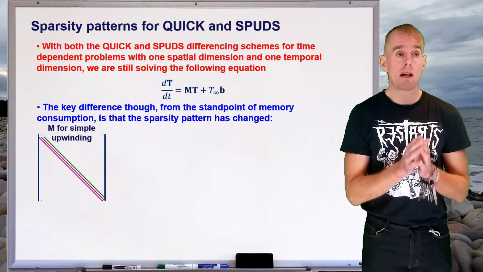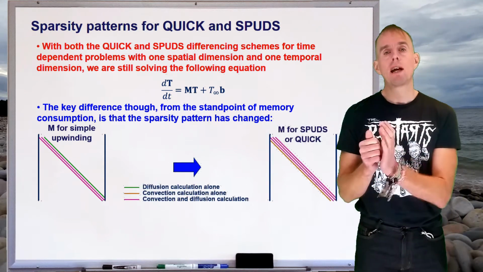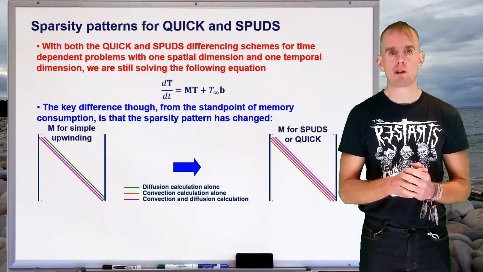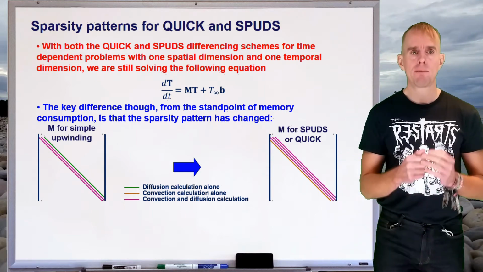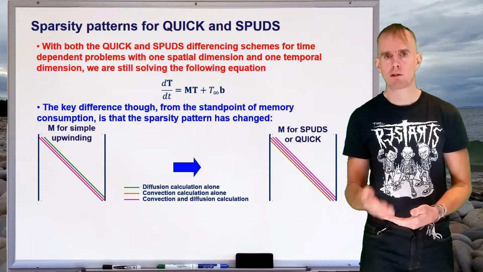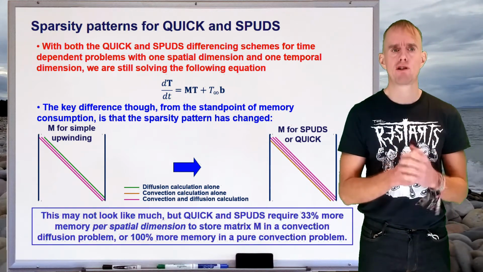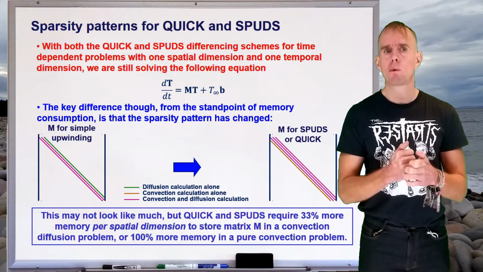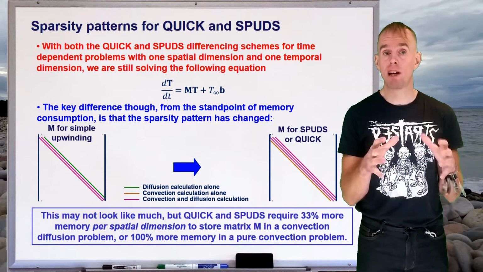And if we use an upwind difference scheme, we'll see that we've got an extra node involved in the evaluation of the gradient. Okay, it might not look that much, but if we think about what this means from a computational standpoint for a large problem, if we're doing convection and diffusion together, then SPUDS and QUIC will require a third extra memory per spatial dimension to store matrix M.